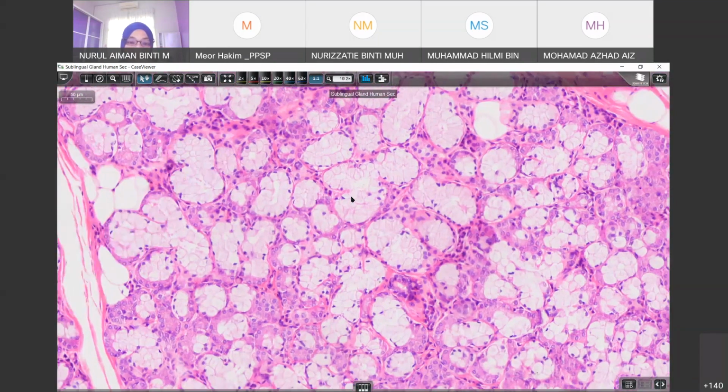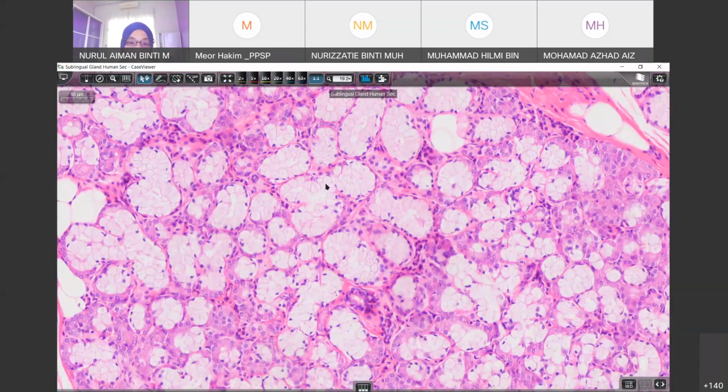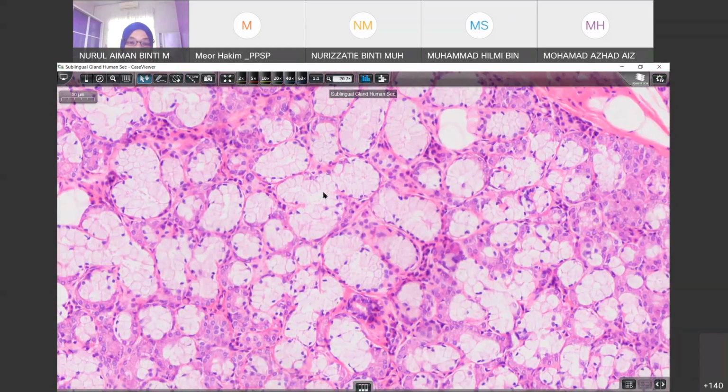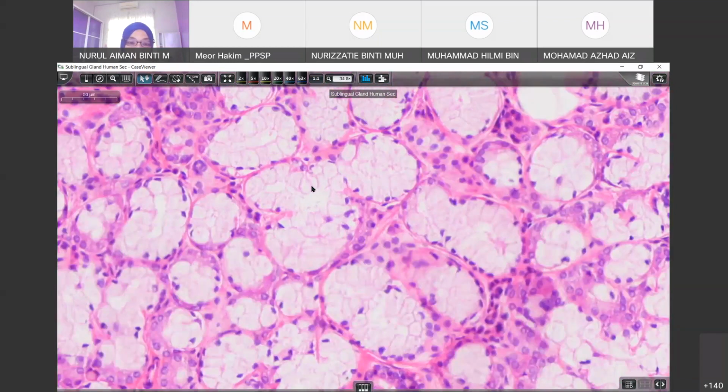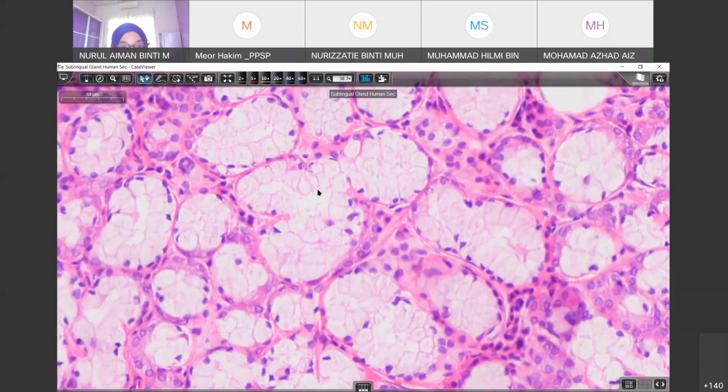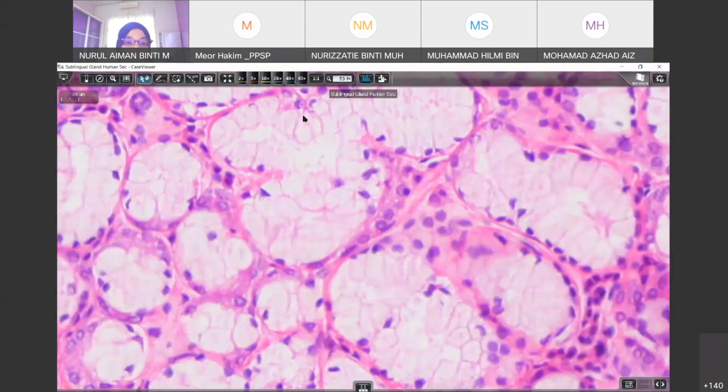The staining here is very light. This is the mucus gland, and you can see the epithelium here. It is the acina type of epithelium. It looks like columnar, but it's not columnar.